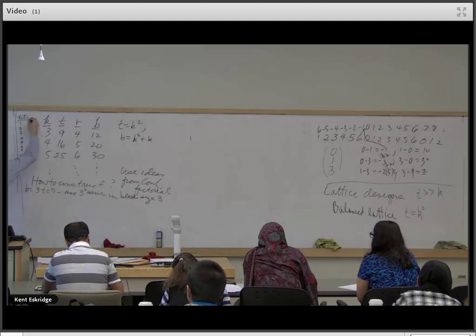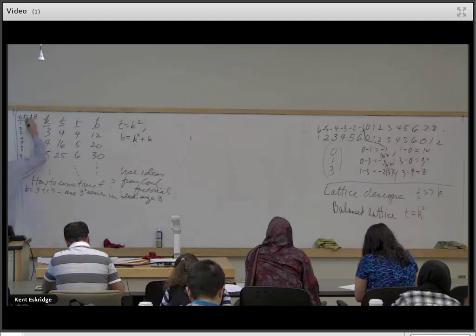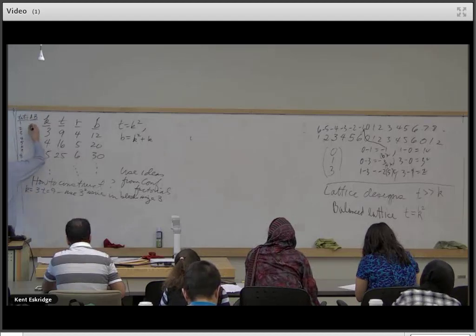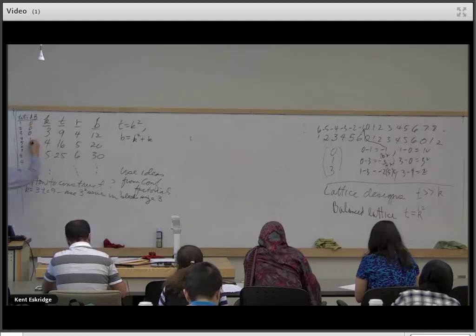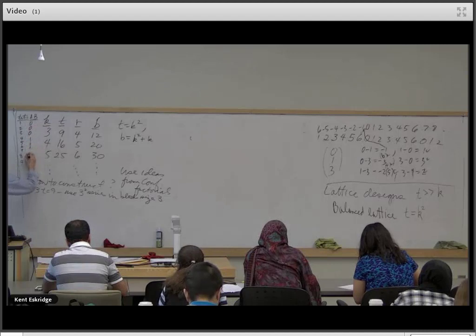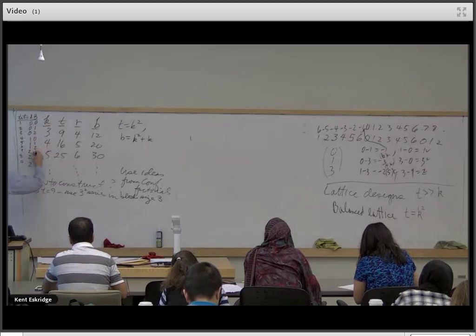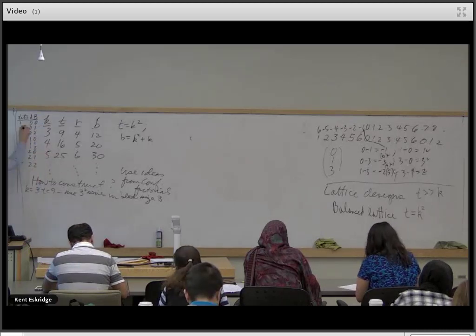What I can do is make my treatment combinations, A, B treatment combinations. I got 3 levels for A, 3 levels for B. I could say, okay, 0, 0, 0, 1, 1, 1, 2, 2, 2. And 0, 1, 2, 0, 1, 2, 0, 1, 2. All right? So here are my treatments.